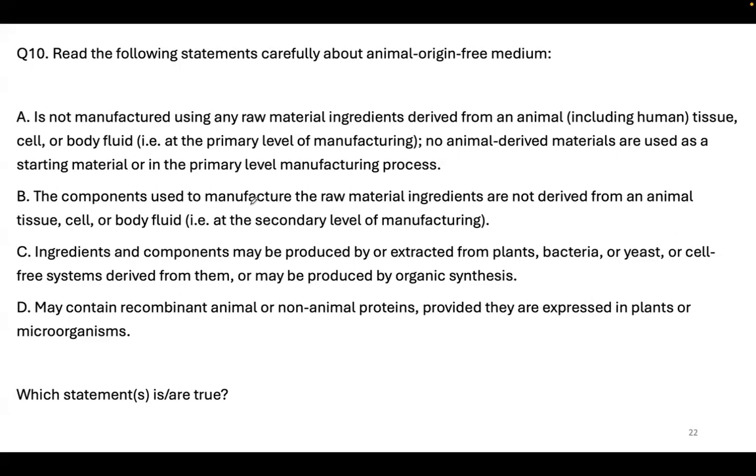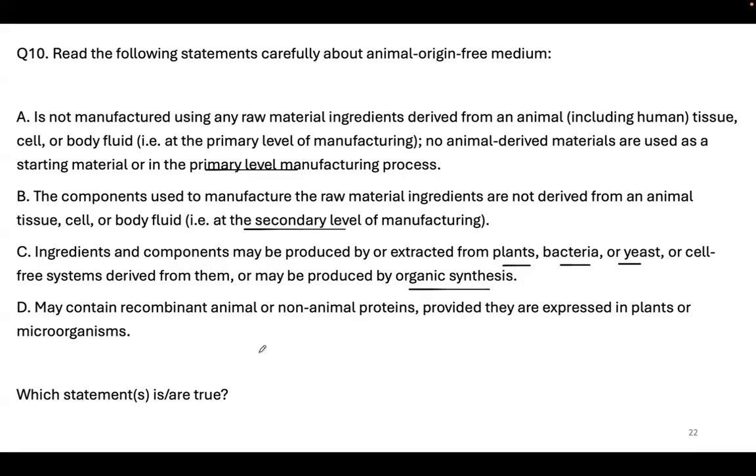Animal origin free medium. Also, the components used to manufacture the raw material, those ingredients are also not derived from anything. So, the primary level, the secondary level, right? The ingredients and components may be produced from plants, bacteria, yeast, or cell free systems from them, or they may be produced by actual synthesis in the lab.